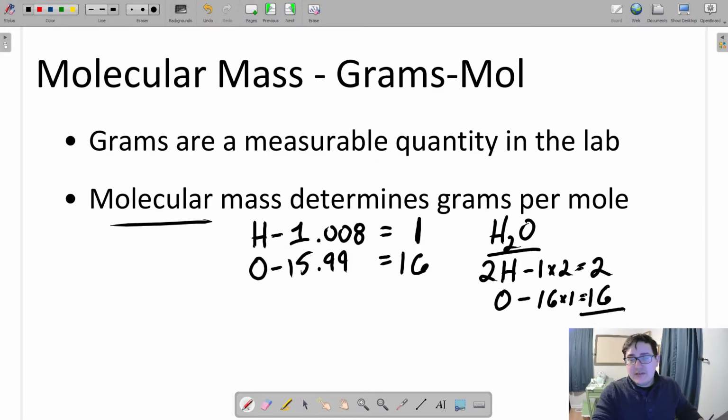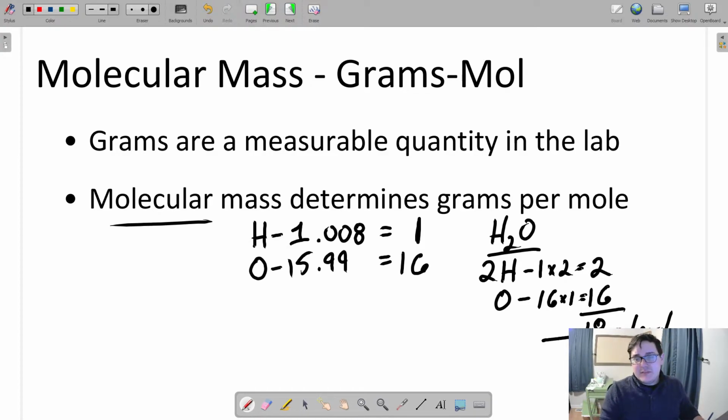So we actually get the molecular mass of H2O to be 18 grams per mole. That's it. That's why that number at the bottom of the periodic table is so important. It helps us figure out the mass of something if we had a mole of it. So if we have 18 grams of water, which is really just 18 milliliters, really not much, you have a mole.